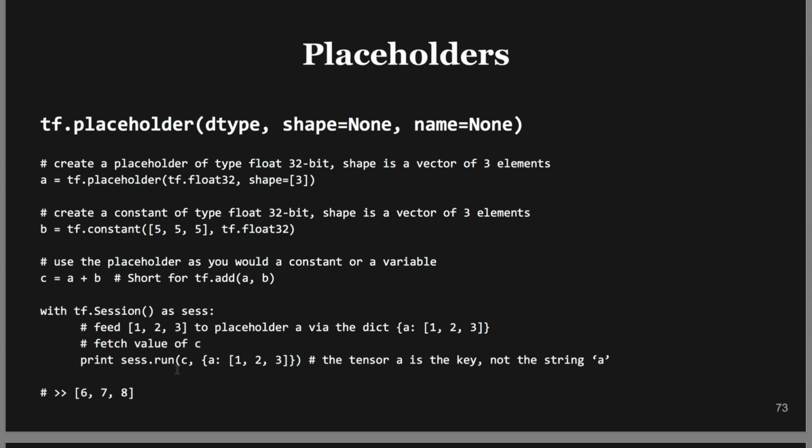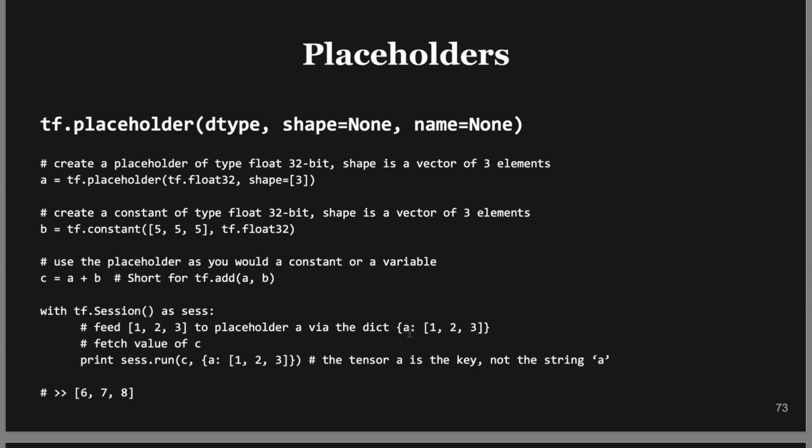You define a dictionary A colon 1, 2, 3. The important thing here is that in Python, when dealing with dictionaries, it's very common to have a string as a key, but here we are putting the actual tensor as the key. Very important. It's a little bit non-intuitive when you first come across it.